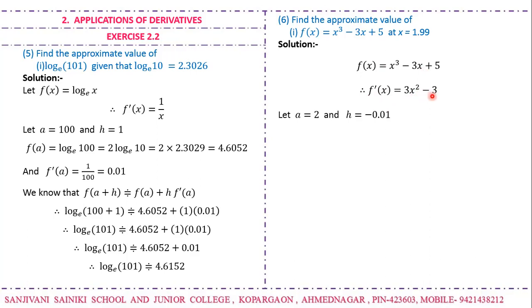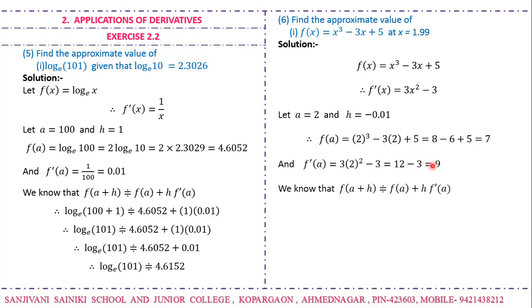Now we have to find the value of f of x and f dash of x at a is equal to 2. So for f of a, put x is equal to 2. We get f of a is 7. Similarly, f dash at a is equal to 2 is 9. Then using the formula of approximation, f of a plus h is approximately equal to f of a plus h f dash at a.